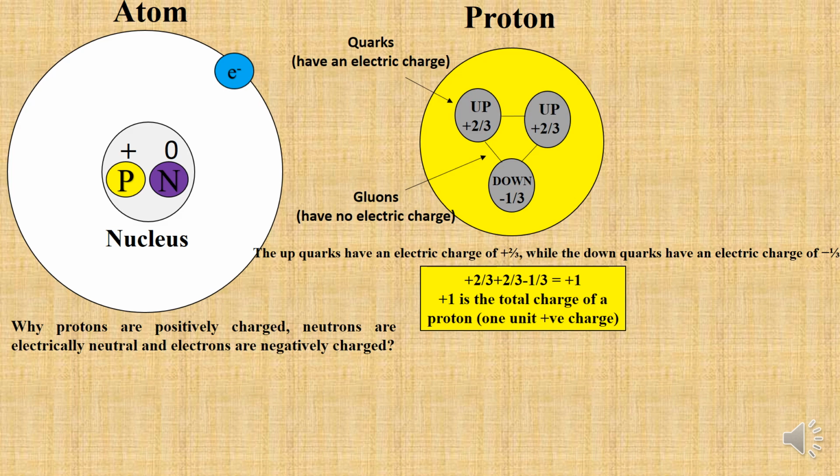When we add up all these charges, we end up with plus 1. Therefore, plus 1 is the total charge of a proton. So now you know why proton has one unit positive charge.